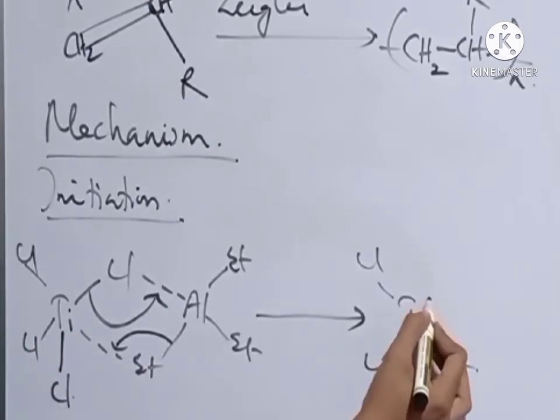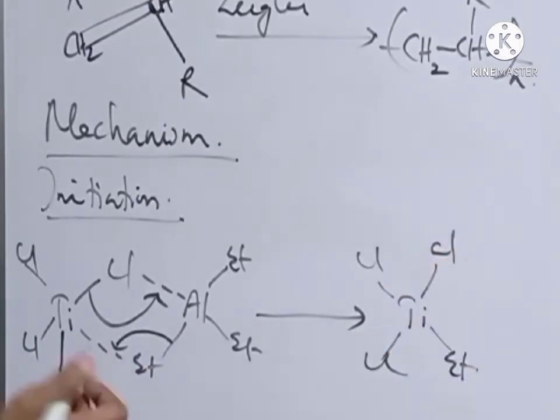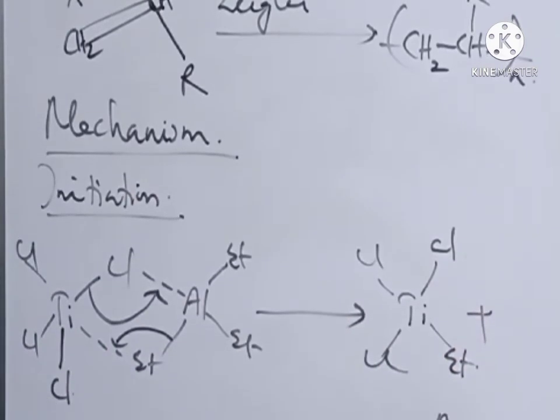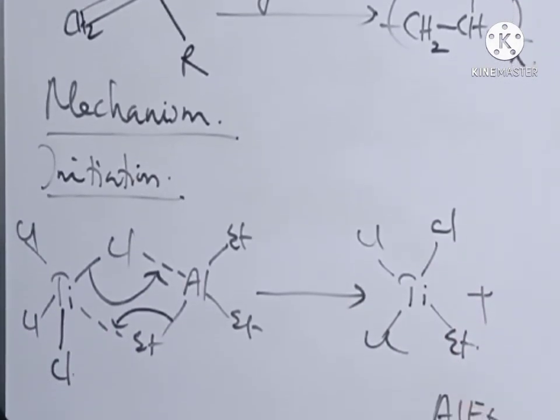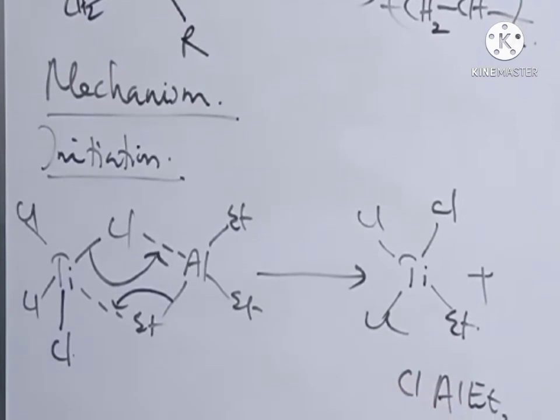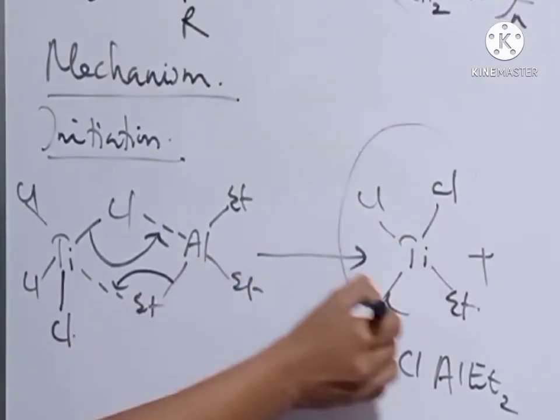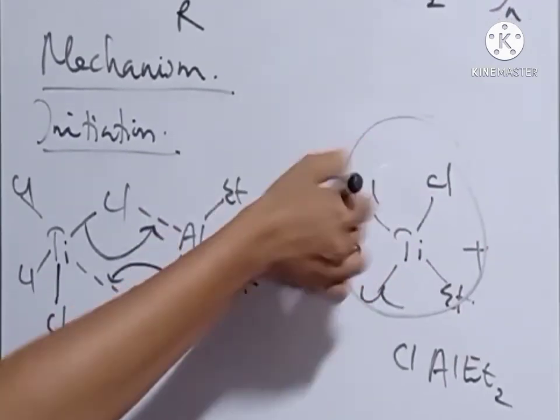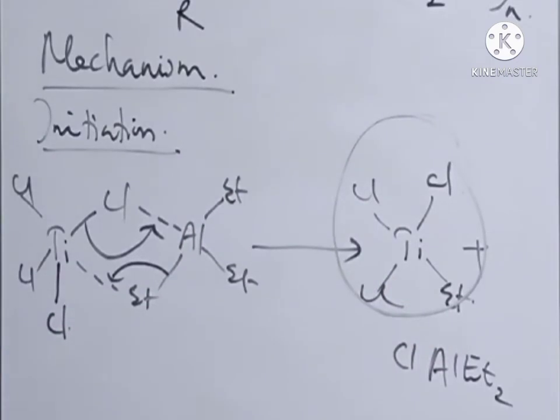One more chlorine is there. So plus we'll get Al, ethyl twice, Cl. So this is the species which initiates the polymerization reaction.